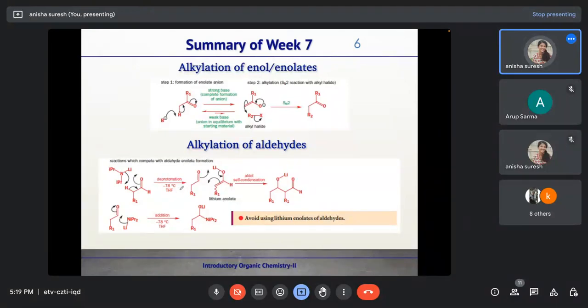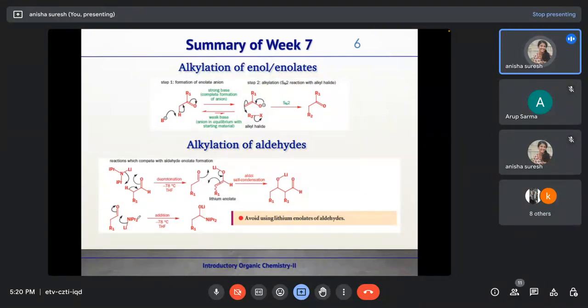Now there will still be molecules of aldehyde, so it can undergo a self condensation reaction. That is, the O-Li bond will break, the C=O double bond will form, and it will attack the electrophilic carbon of the aldehyde, giving rise to the aldol self condensation product.